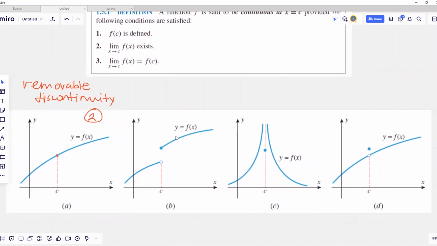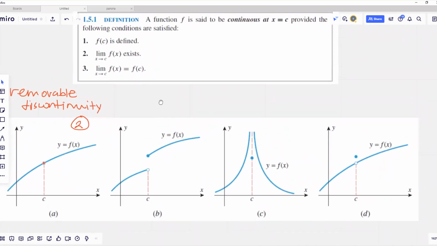All right, next example here. We can see that the second condition here fails. The first condition here is satisfied since the function is defined at point c. However, the second condition here is not satisfied.